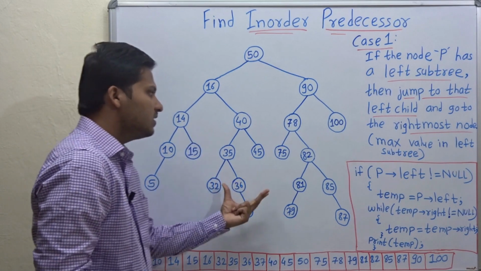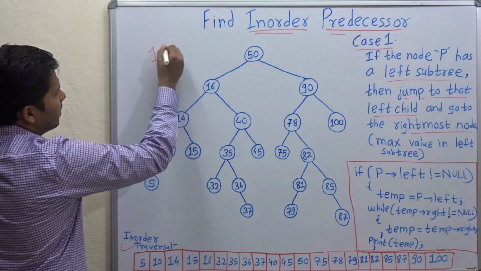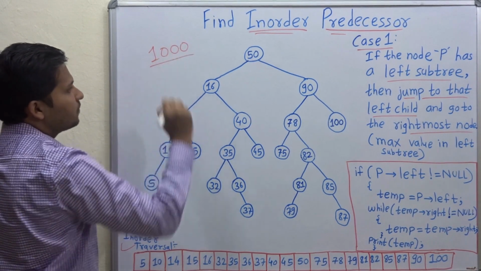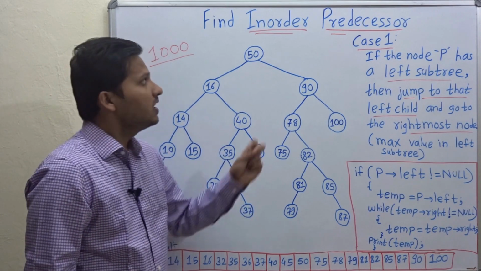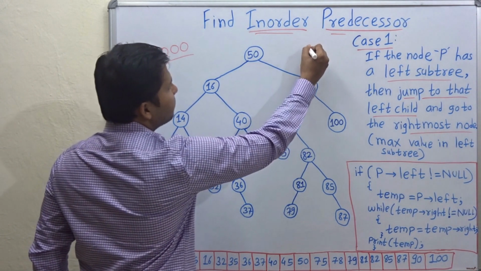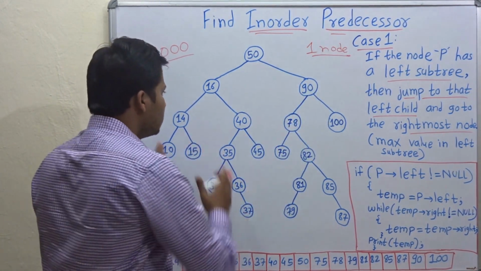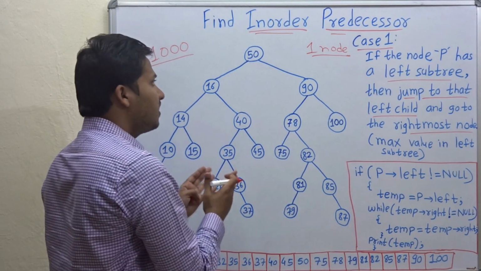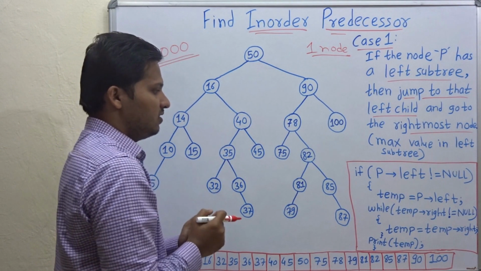But if the binary search tree contains thousands of nodes, then just to find out the in-order predecessor of a single node, of only one node, it is not feasible to find out the in-order traversal by traversing thousands of nodes in that binary search tree.